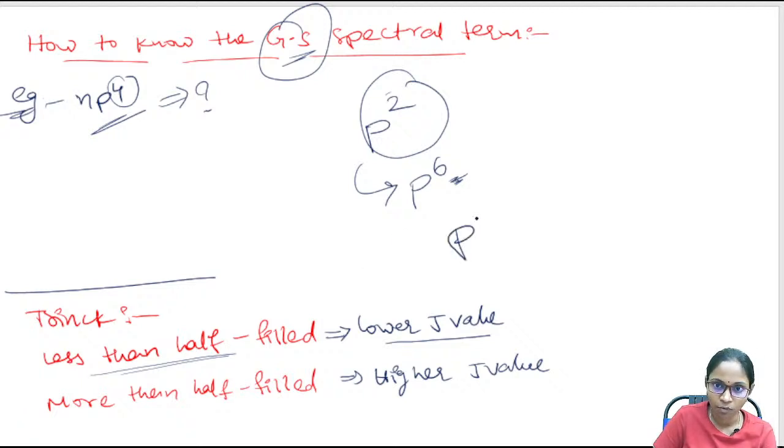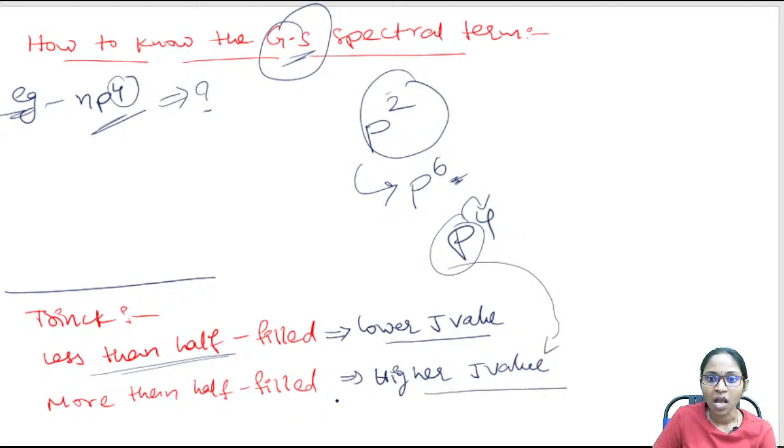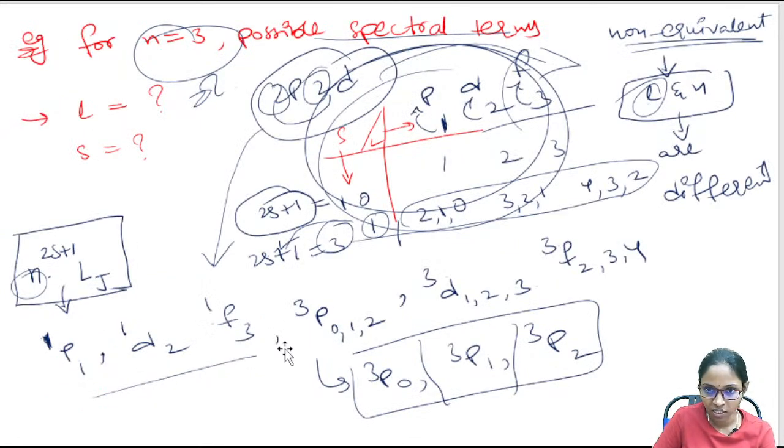If I have P4, that means this P subshell is filled with 4 electrons, which is more than half filled. Therefore, you have to take the higher J value for the ground state. So I am taking this example only.